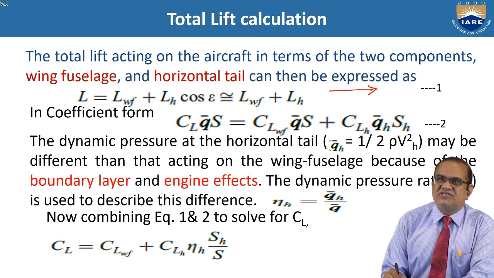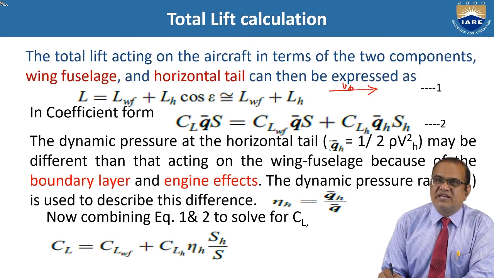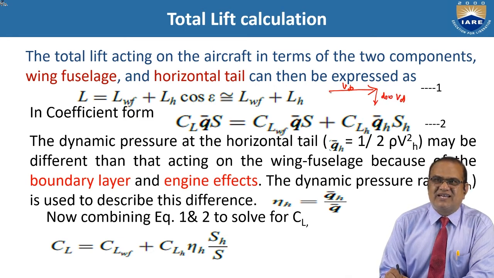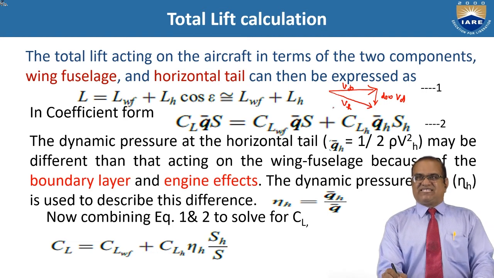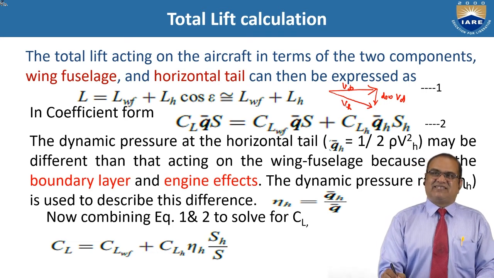This is the velocity V infinity. Here is some downwash velocity, V downwash, I am writing. So the net velocity you will get is called VH, and here is the epsilon angle.